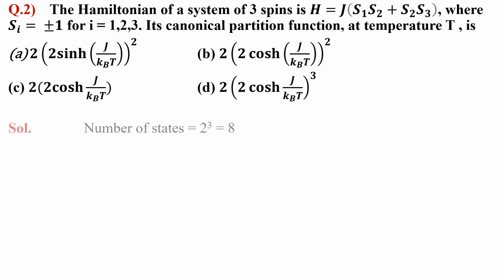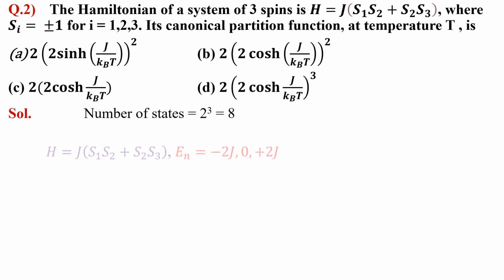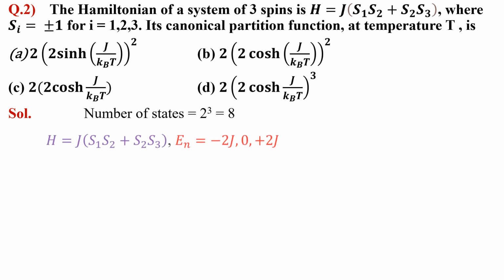Solution. The number of states of the system equals 2 to the power 3, equals 8, because each spin has two values, so the total number of states is 2 times 2 times 2. Write down the Hamiltonian again.